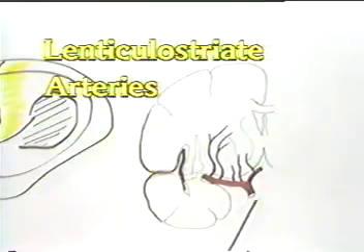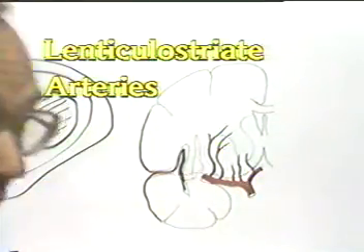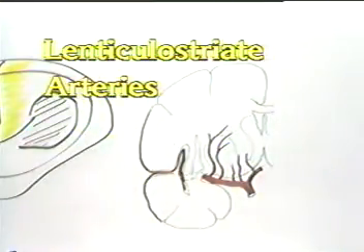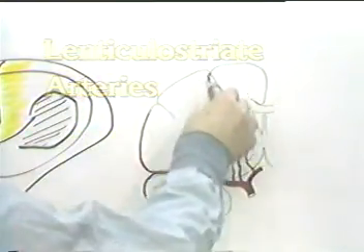And you can see also, of course, if there is a blood clot in this part of the middle cerebral artery, practically the whole hemisphere might be affected like this. We'll go back now and take a closer look on our specimen and try to find these lenticulostriate arteries.